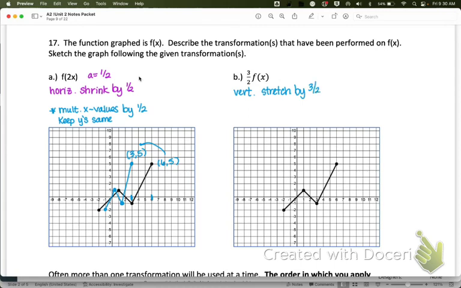This one is vertical, so we're going to keep our x's the same, but all of the y values we're going to multiply by 3/2 or 1.5. So if I look at this graph, I come to my x equals 6. I'm going to keep the x value the same. So I'm going to stay on that line of x equals 6, but I'm just going to change my y value. So I have 5. 1.5 of 5 will take me to 7.5.